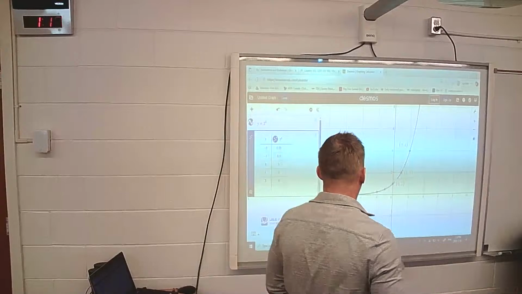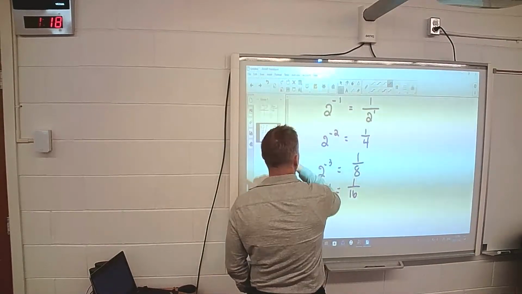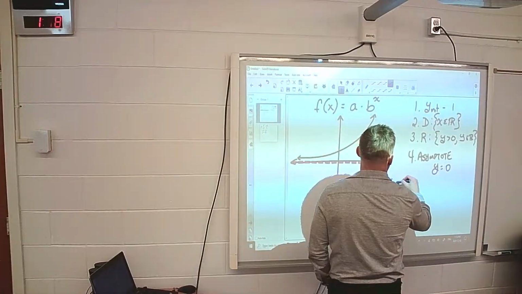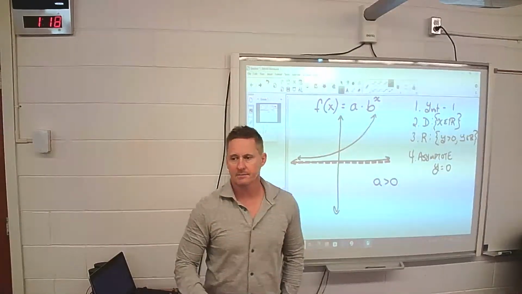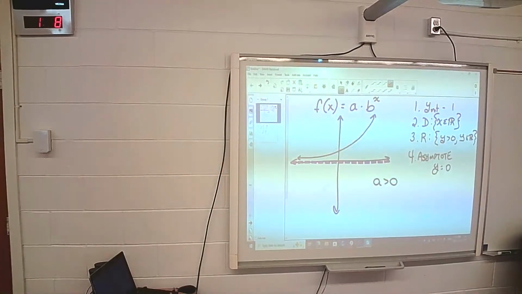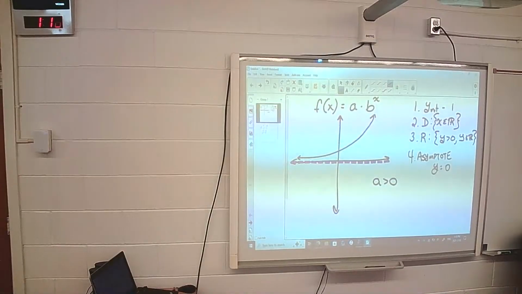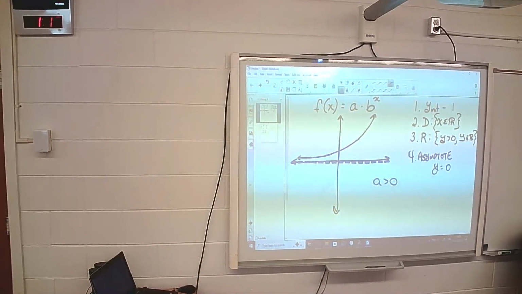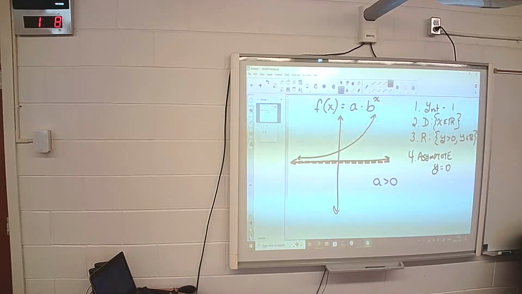All right. Now, the next thing I want you to do on this part of it is, what does this mean for us? So when the a value, the value in front of the base and the exponent, is greater than 0, all of these occur. Y-intercept is 1. Domain, x is an element of all reals.